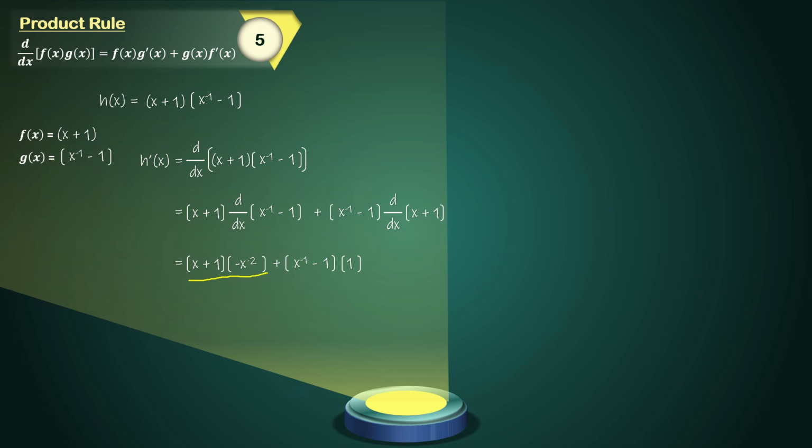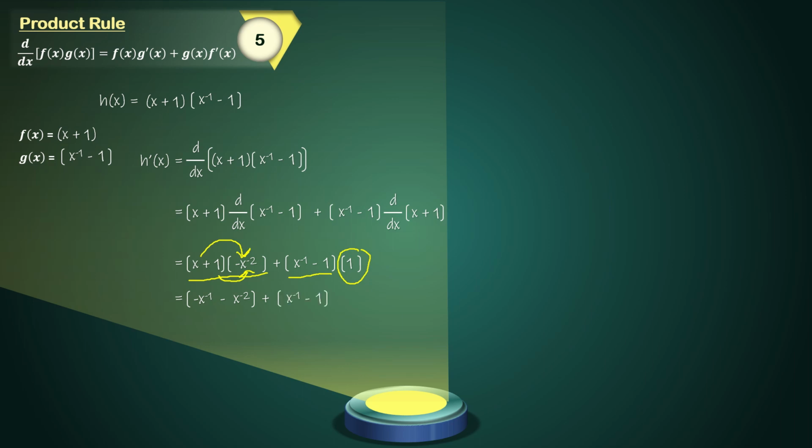And it is equal to x times negative x raised to negative 2, which is negative x raised to negative 1. And 1 times negative x raised to negative 2 is negative x raised to negative 2. Plus the product of x raised to negative 1 minus 1 and 1, which is x raised to negative 1 minus 1.